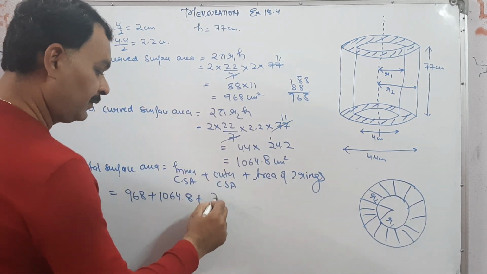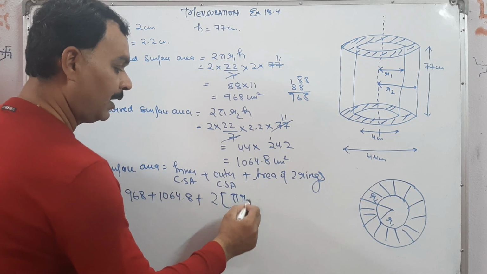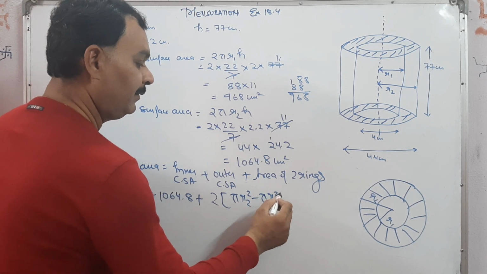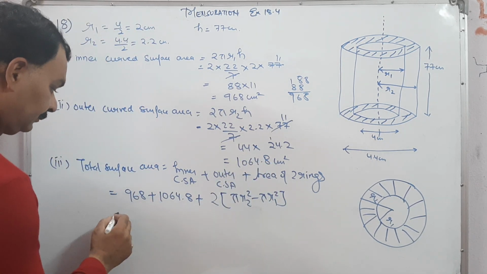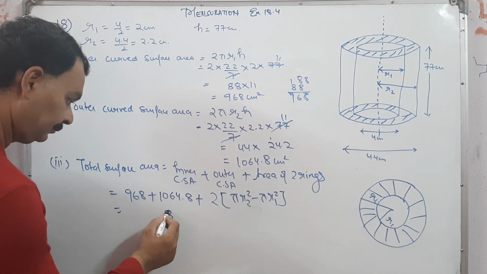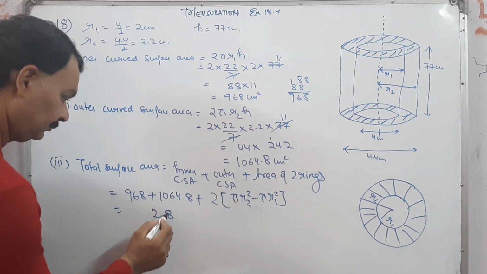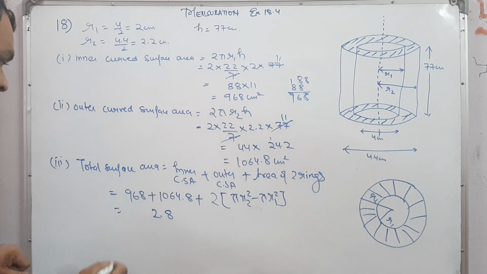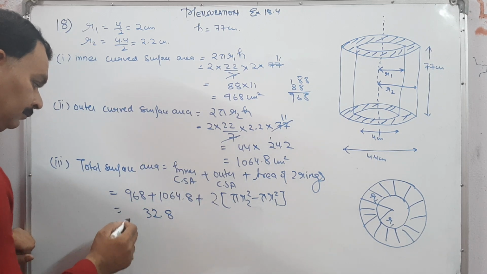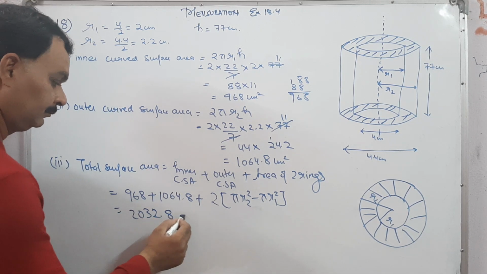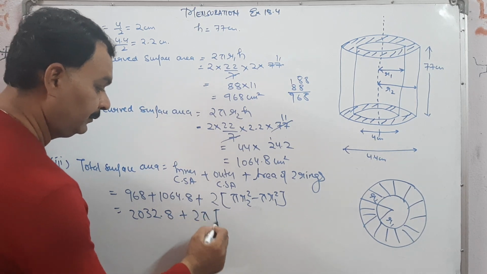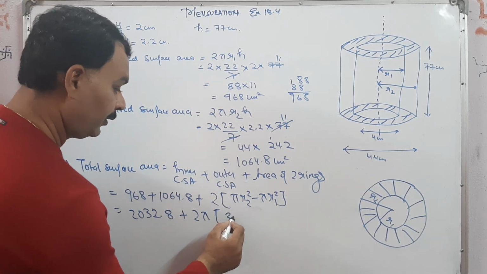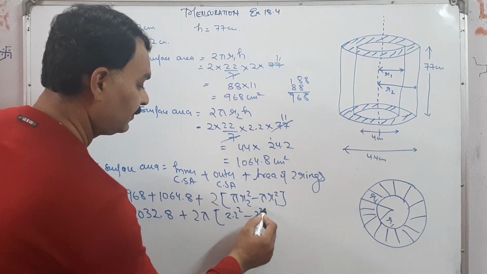Now the area of two rings is 2 times pi (R2 square minus R1 square). We'll add them. Pi common, R2 square, that is 2.2 square, minus R1 square, that is 2 square.